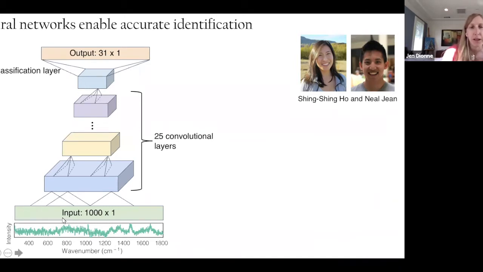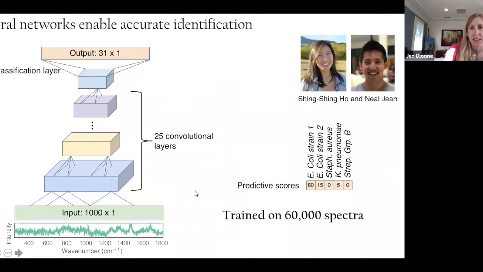We input a spectrum that is 1,000 elements long, and what gets output is a series of predictive scores that tells us the likelihood that a particular input spectrum corresponds to a particular bacterial species and strain.